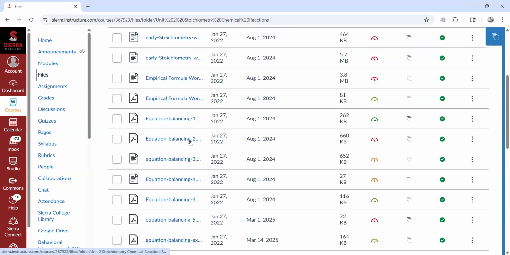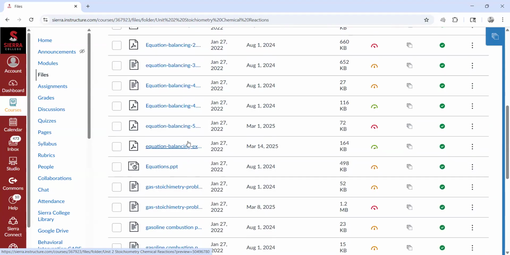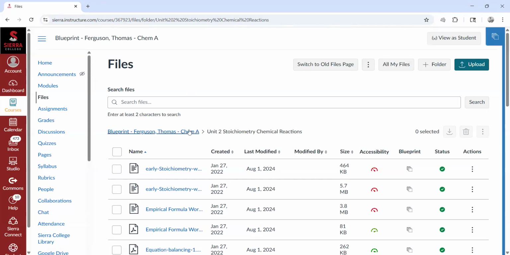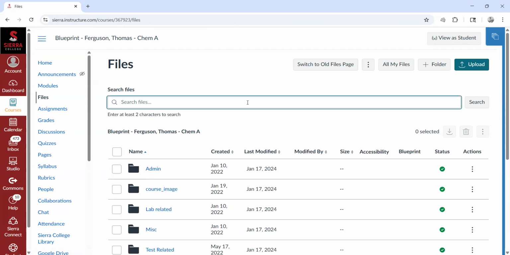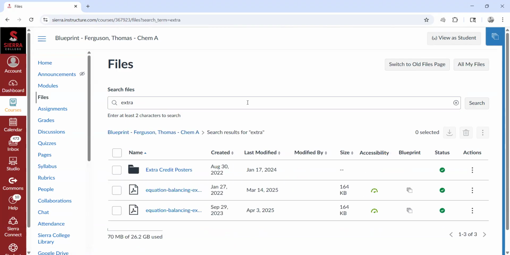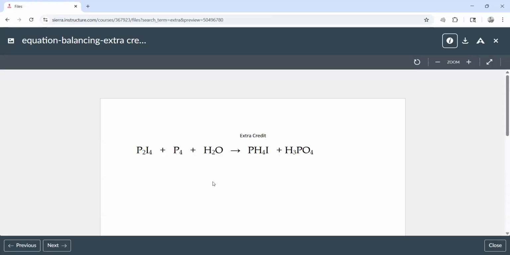Where is it? Is there a third bar? Yes, there is actually. Equation balancing extra credit. So this is your extra credit to balance this thing. And let me warn you, it's hard. That's why it's extra credit. Don't try this until you've done my worksheet and extra worksheets.